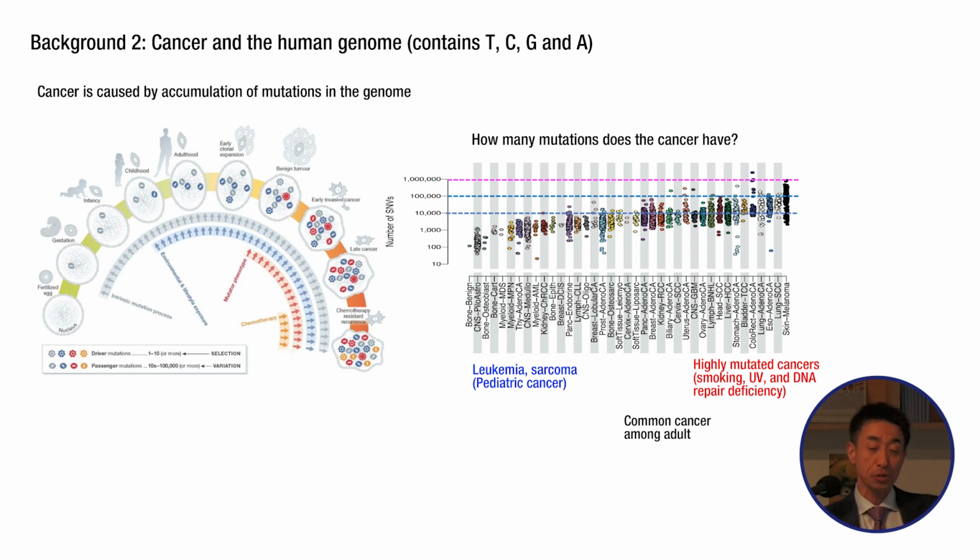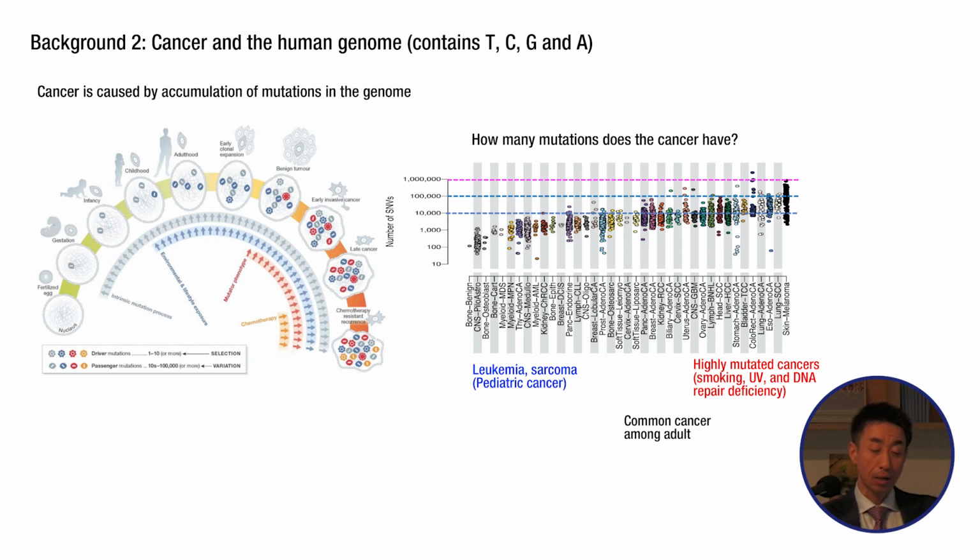And also, I would like to present some background of cancer genomes. As you know, cancer is caused by accumulation of many mutations in the genome. After fertilization, somatic mutations accumulate in some cells, and when a mutation hits important genes, it leads to cancer. There are several mechanisms causing these mutations.